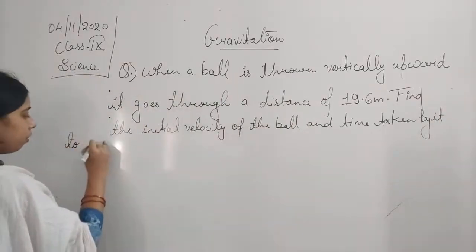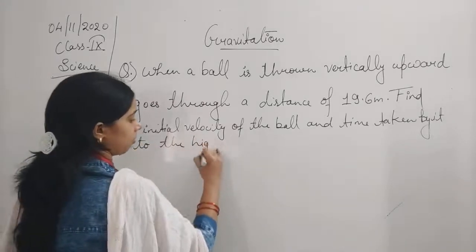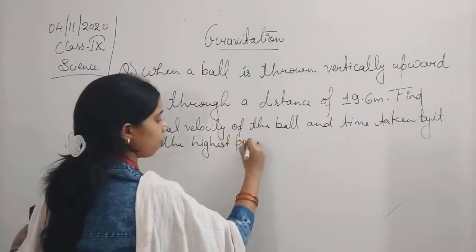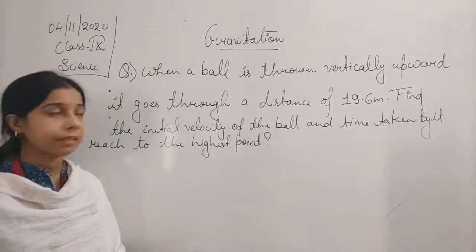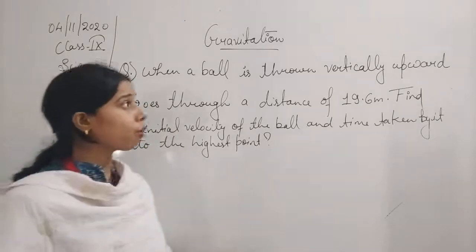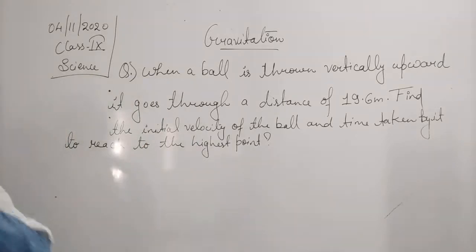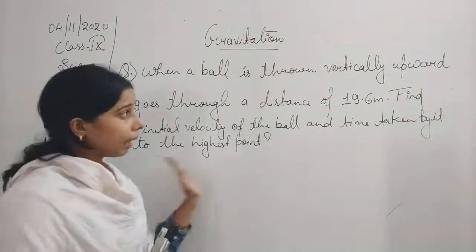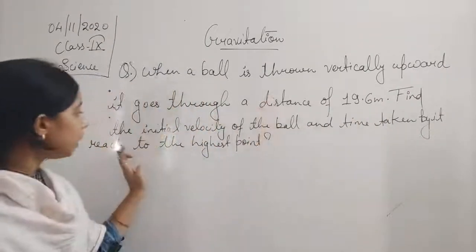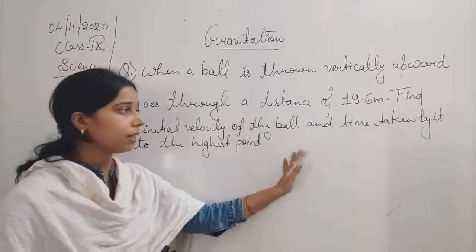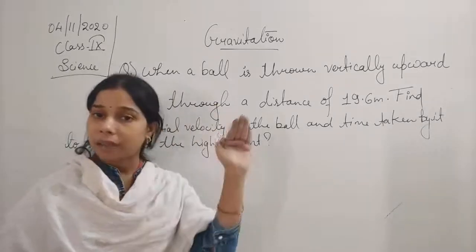The question is that a ball is thrown vertically in the upward direction and it reaches a distance of 19.6 meter. The things we have to find are the initial velocity and the time taken by the ball to reach the highest point.